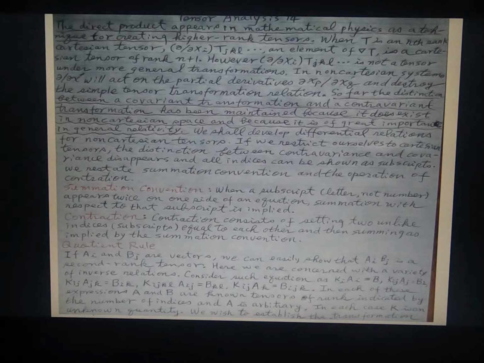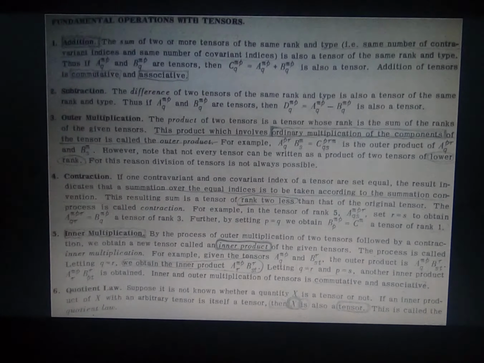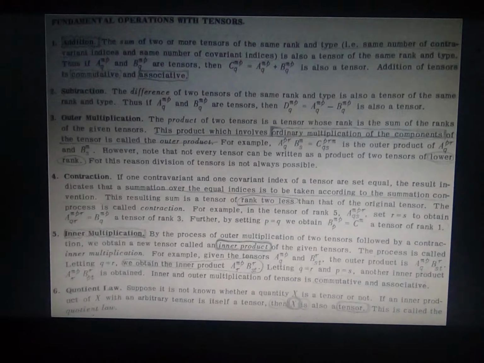These are some examples. And direct product, summation convention, contraction, quotient rule. And these are the fundamental operations with tensors.